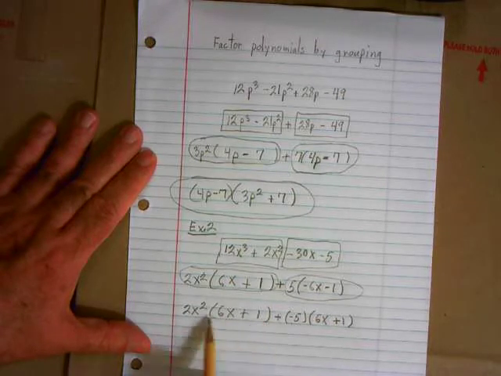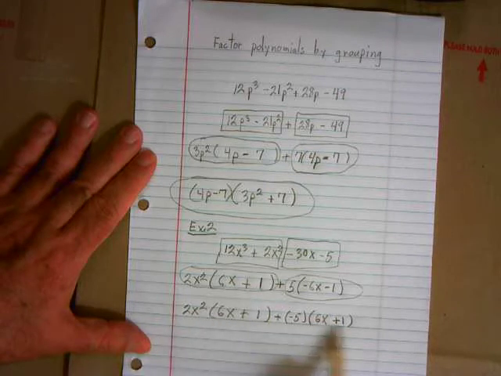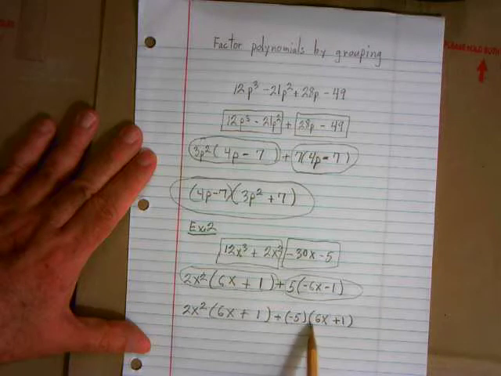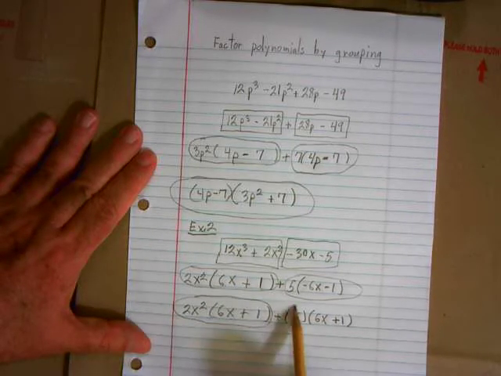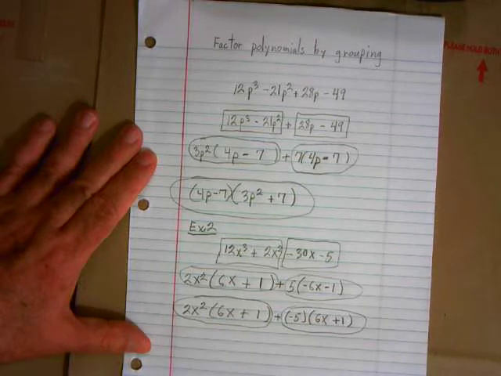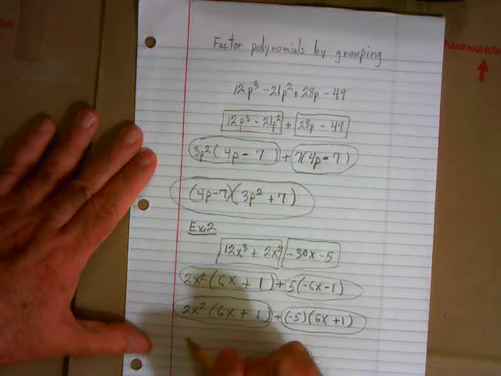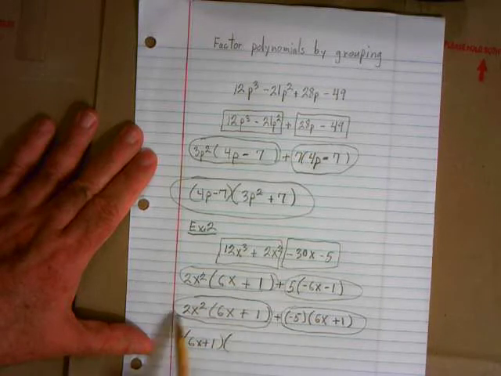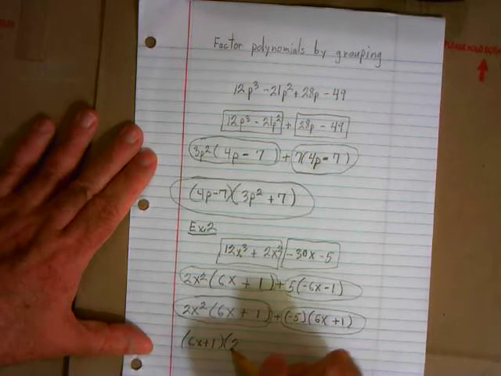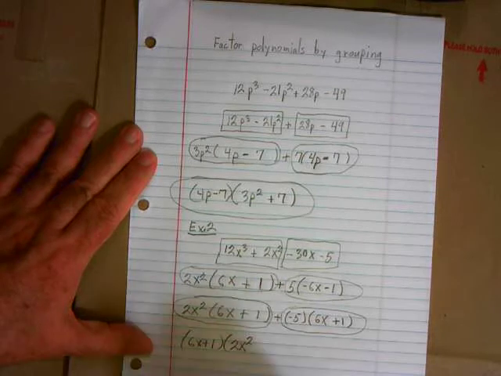Now we like this. Now we've got a match between the first term and the second term. Let's circle that. Now we've got what we were looking for. So if we factor out a 6x plus 1, from our first term, we have 2x squared.